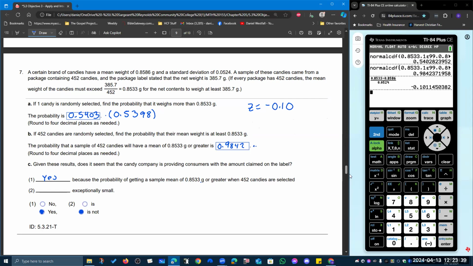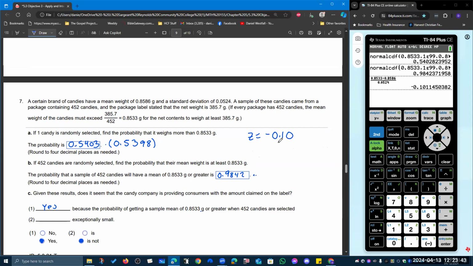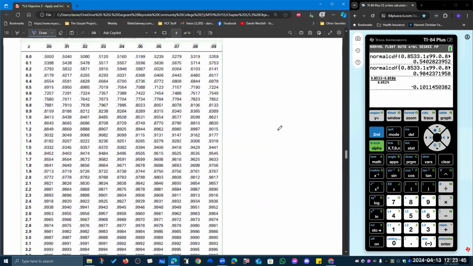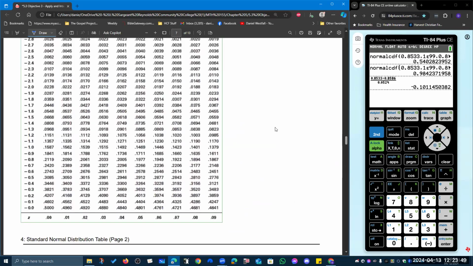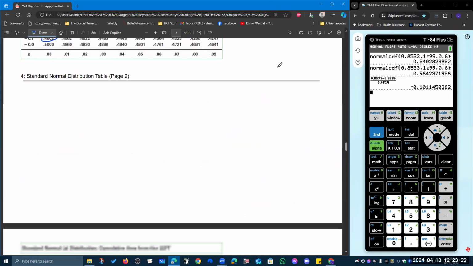either looked that up in the z table, which I'll go do one of these problems. 0.10 is 4602.